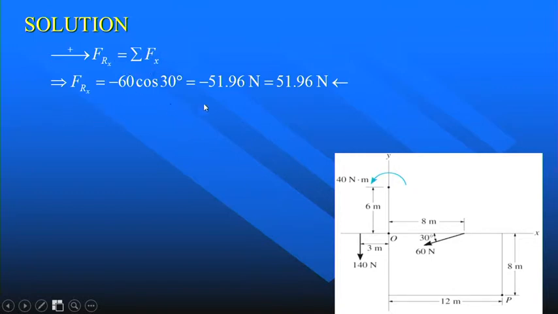So we sum all the projections of the original forces onto the x-axis. Then we finally get Frx is equal to 51.996 Newton towards the left.